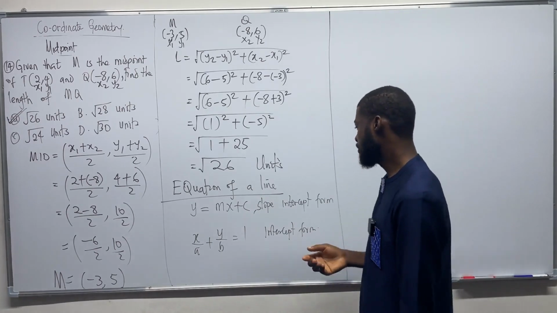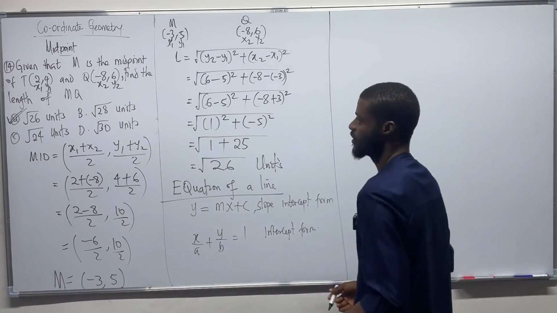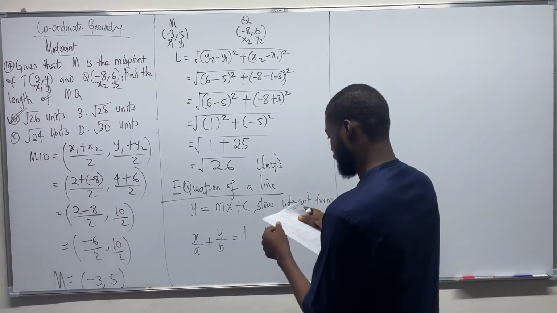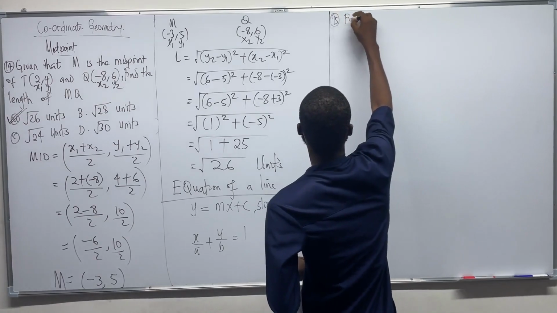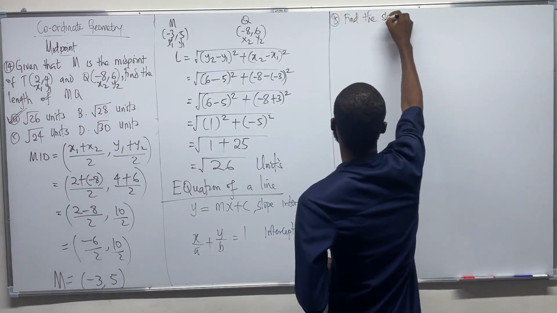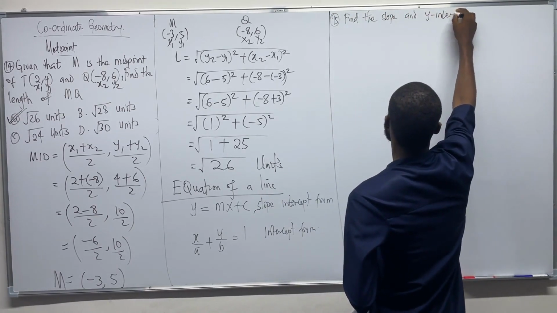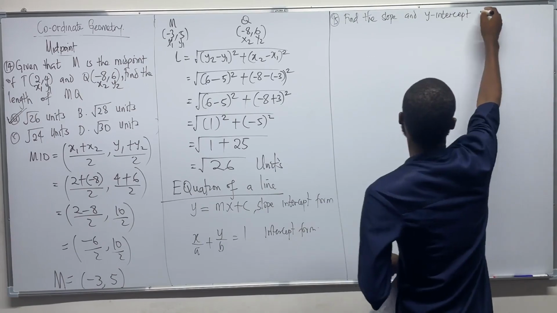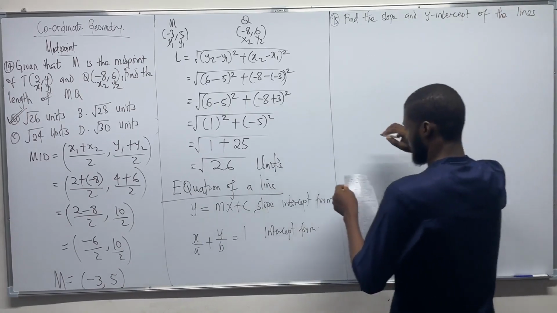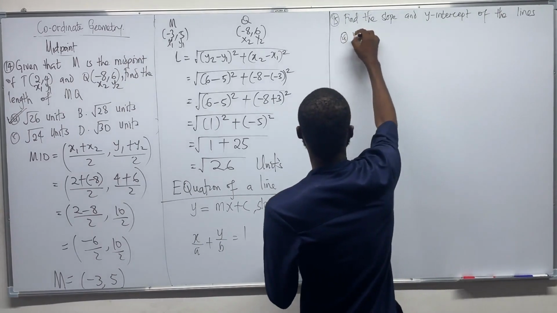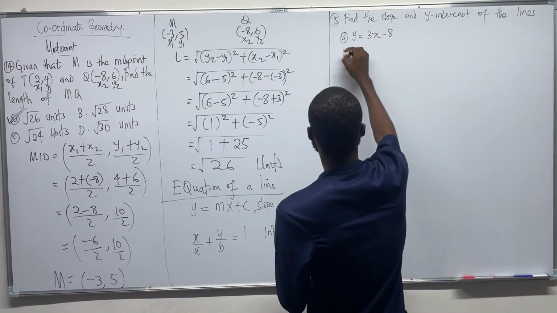It's a must. Every single line you graph, it must always pass the y-axis. So looking at this, let us do some simple questions here. Some easy questions. Number 15. Find the slope and y-intercept of the following lines. A is y equals 3x minus 8.